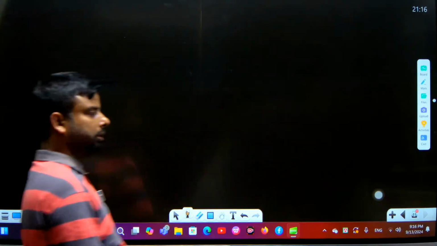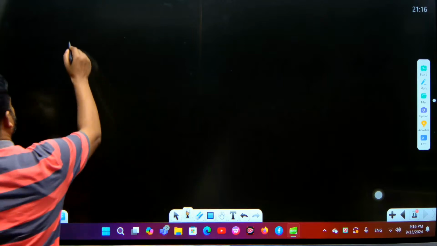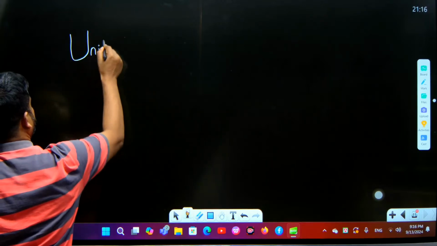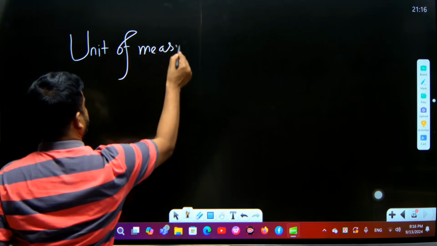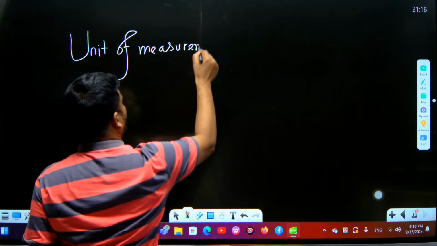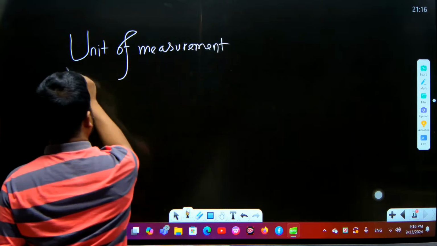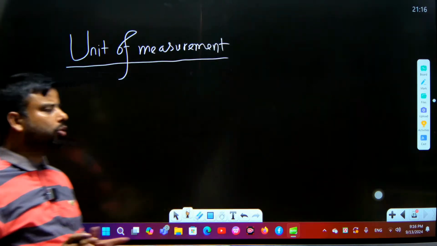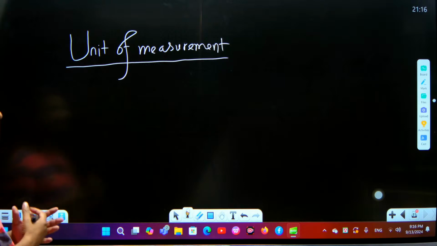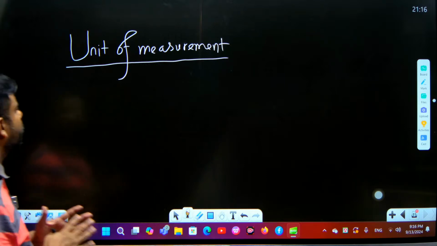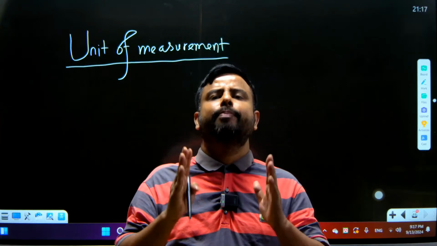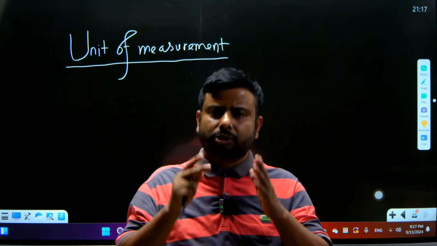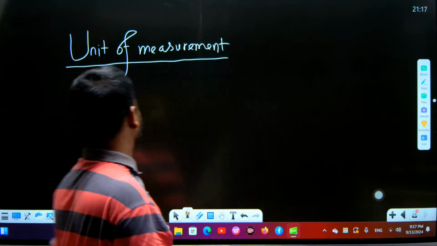Now, unit of measurement. What is the unit of measurement? A standard essential amount is necessary, comparing with which we can measure any physical quantity, and that is called a unit.